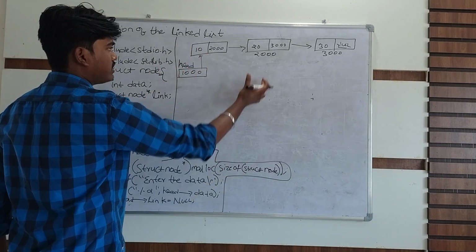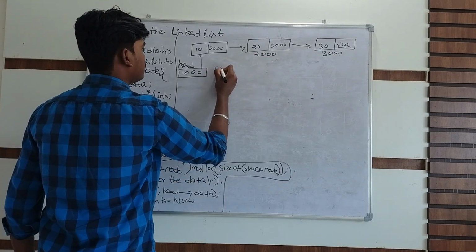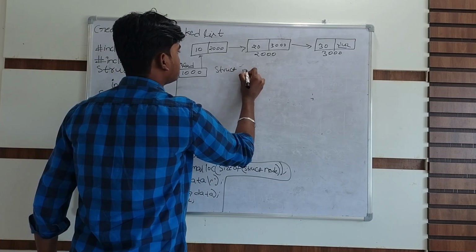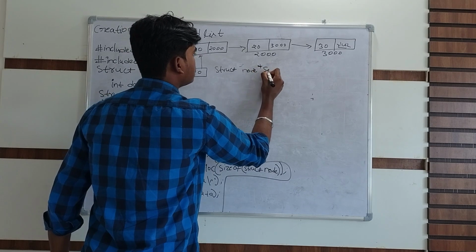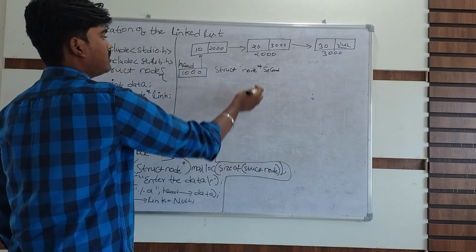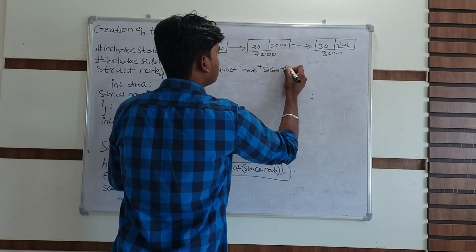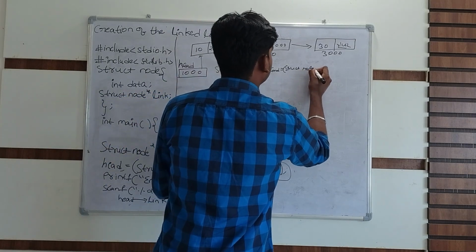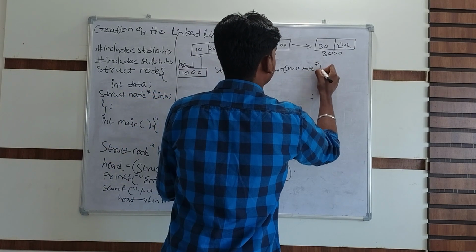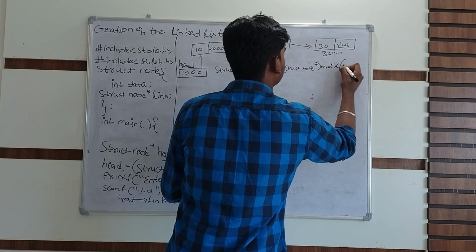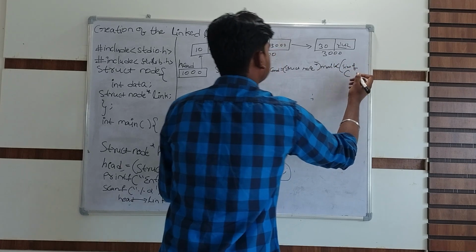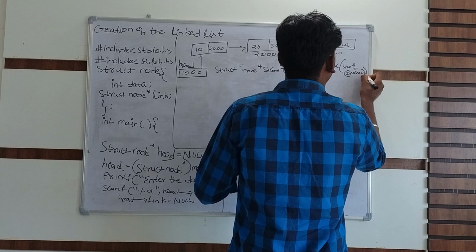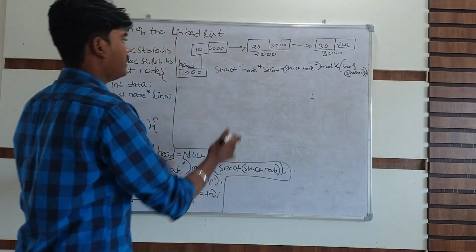Now create another node for the second: struct node second is equal to, here we are allocating the memory dynamically, struct node malloc size of struct node. We are entering the data to the node.